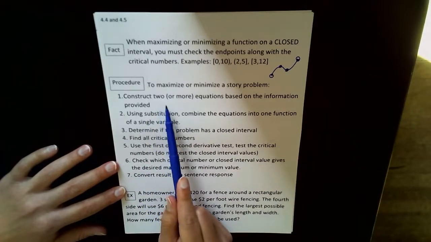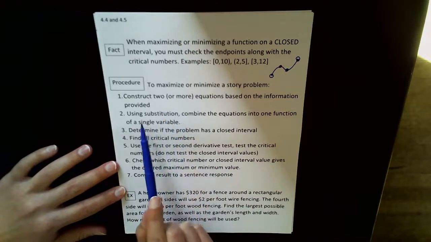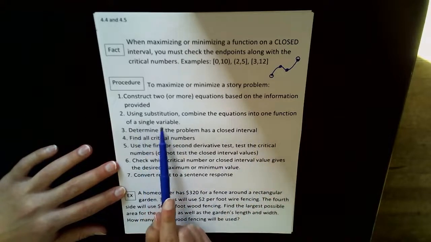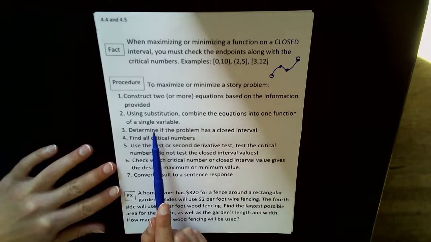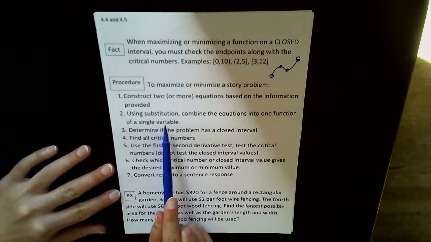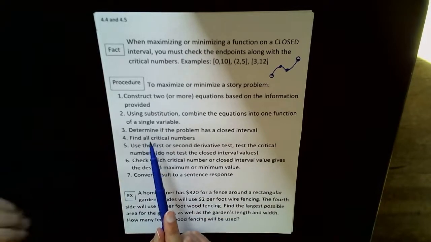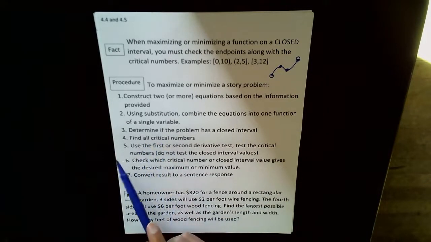And then from there you need to combine them using substitution, so plug one of them into the other to get one function of one single variable. You do this because we cannot take a derivative with more than one variable unless we're talking about partial derivatives, which would get really messy with these types of problems.